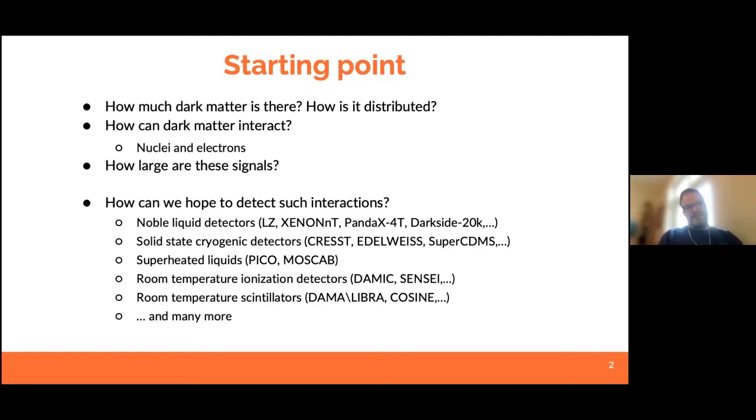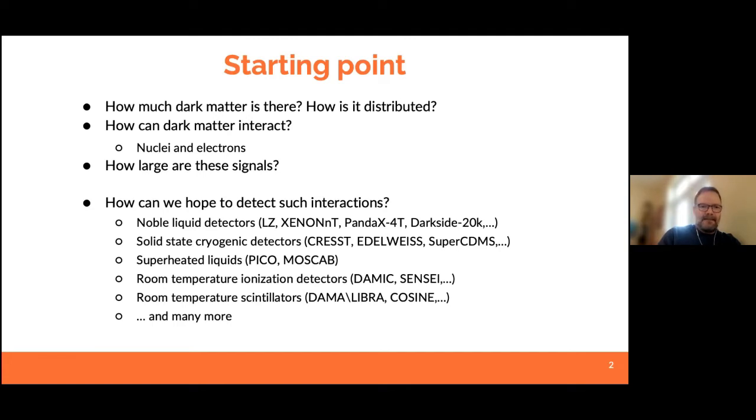Then there are also solid state cryogenic detectors. These are based mainly on germanium or silicon crystals, and examples for such experiments are CRESST, EDELWEISS, CDMS in its different incarnations. Other detection techniques include superheated liquids, so bubble chambers.